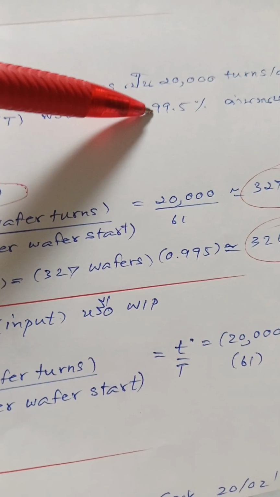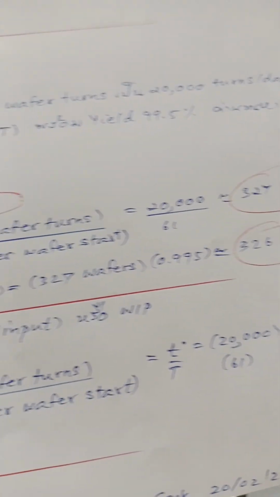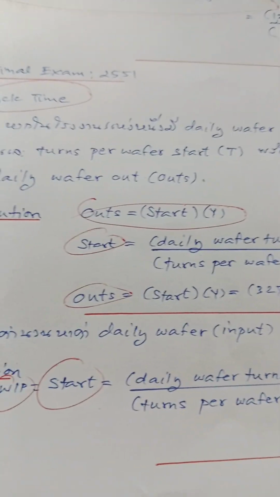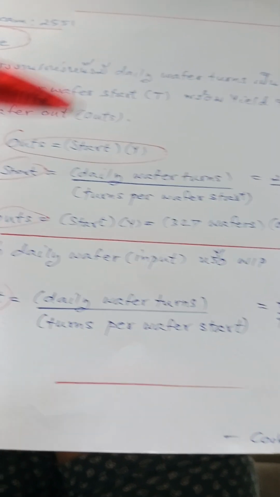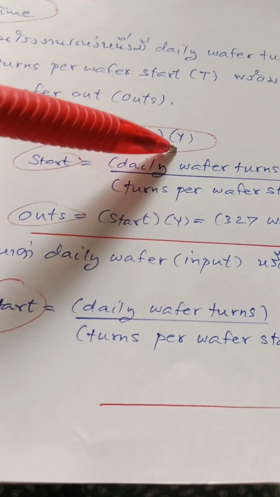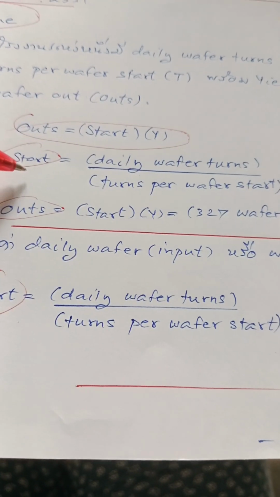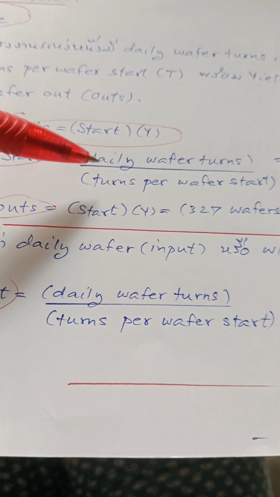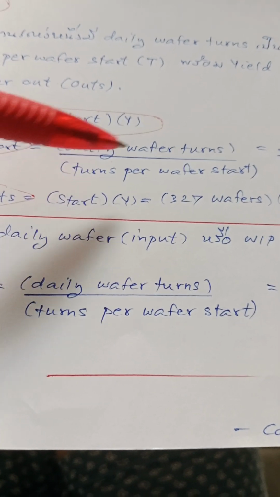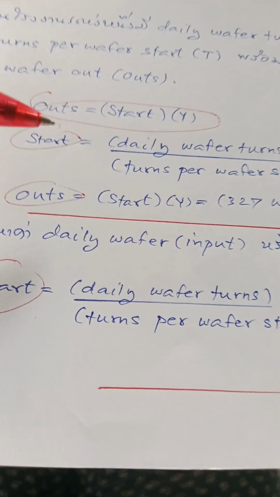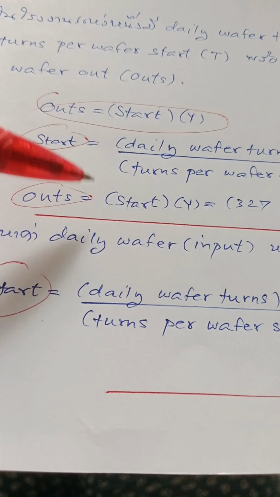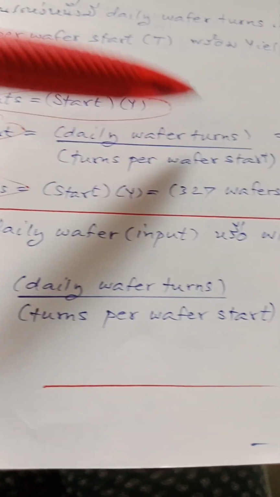And given yield is 99.5%, you are asked to calculate the daily wafer outs. As I mentioned before, outs actually equal start multiplied by yield, and now you look for start. Start is the daily wafer turns divided by turns per wafer start. That will give you the number of wafers. Start is actually the number of wafers that you need to put through all processes.